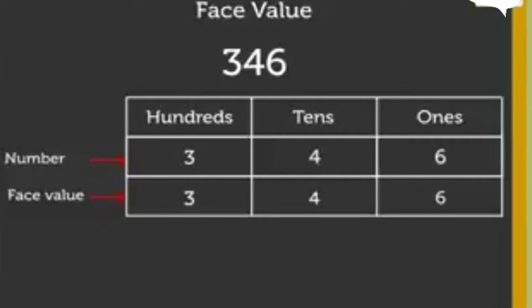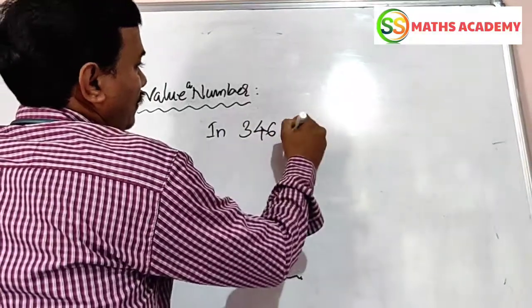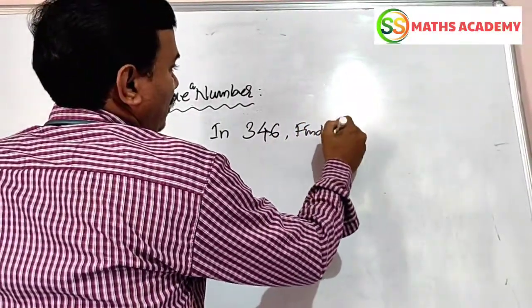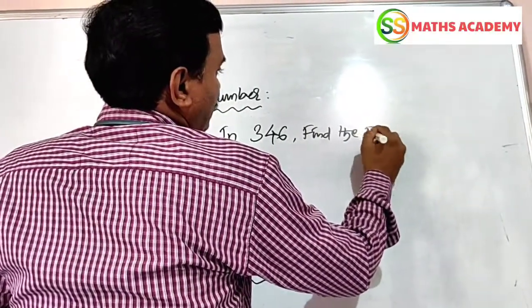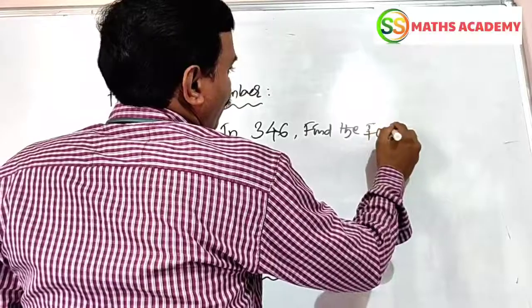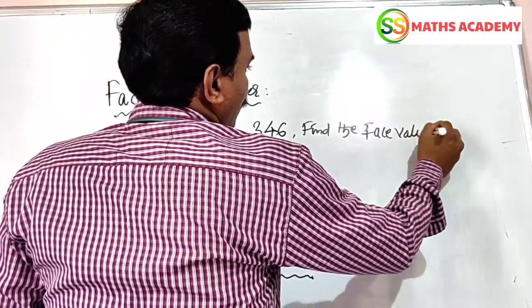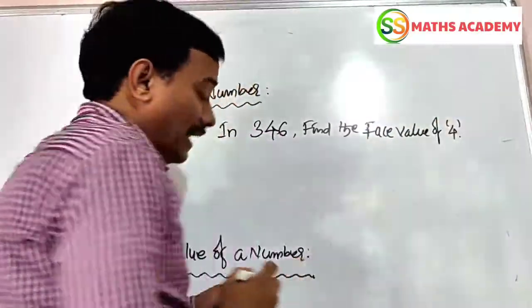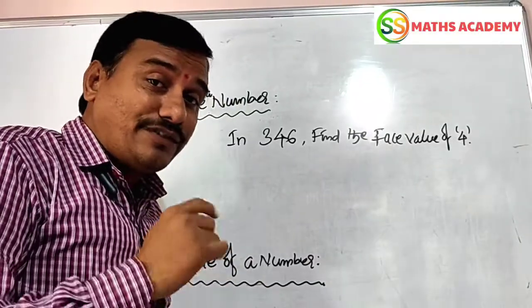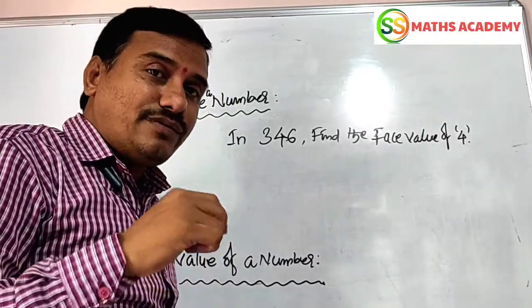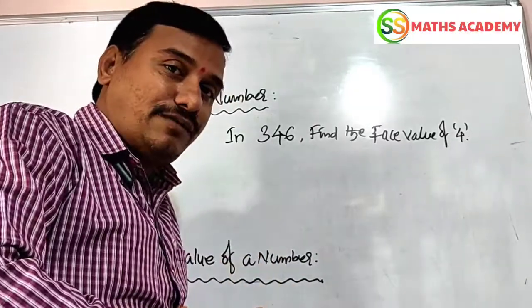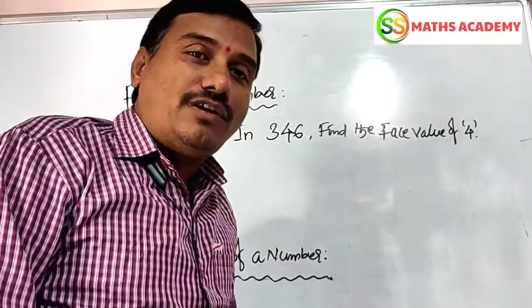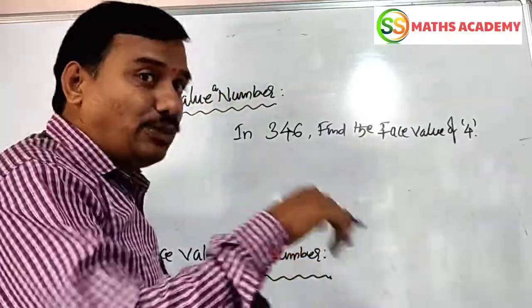in 346, find the face value of 4. I told you clearly in my definition, the face value of a digit in a numeral is equal to the digit itself, irrespective of the place occupied.